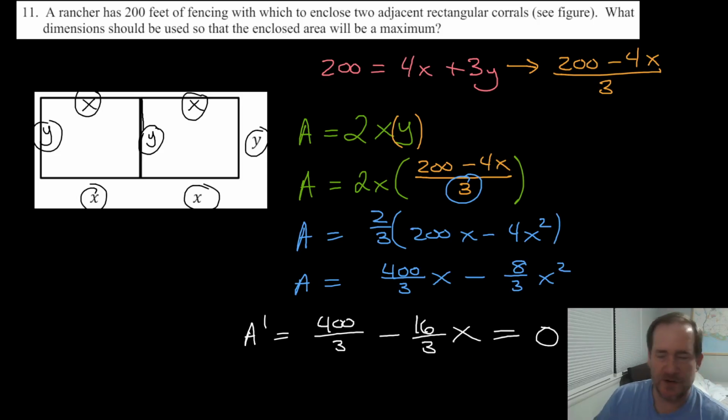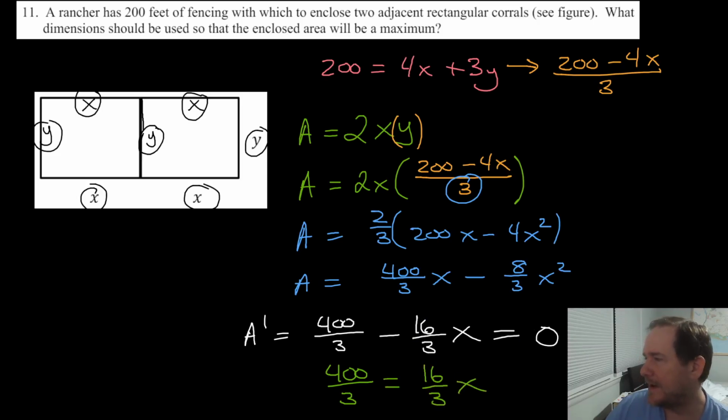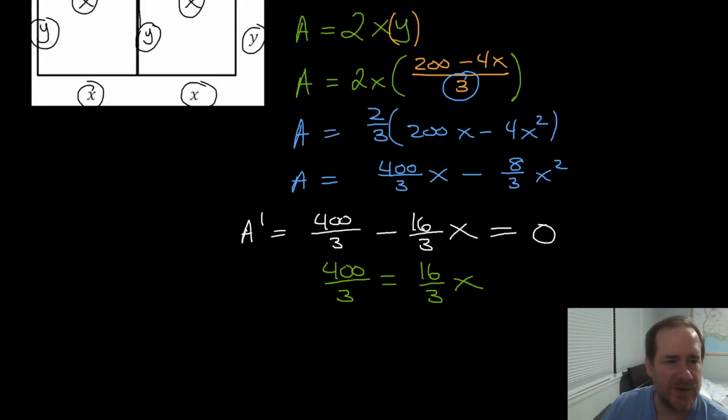And this is a linear equation, so we should only get one solution. That solution is going to be kind of ugly, but it's going to be 400 equals, I would just add the other guy to the other side, so it equals 16/3 times x. And again, the easiest way to clean this up would be not to divide by 16/3, but to multiply by its reciprocal. So multiply by 3/16.